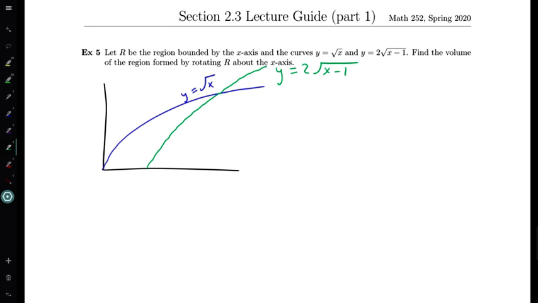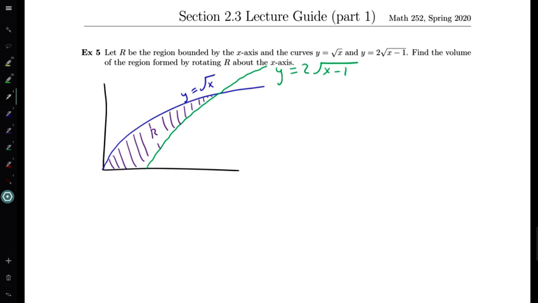So R is the region bounded by the x-axis and these two curves, and so R is going to live right here. The first thing we should think about doing is finding what exactly this intersection point is. To find the intersection point, we know that they have the same y coordinates.